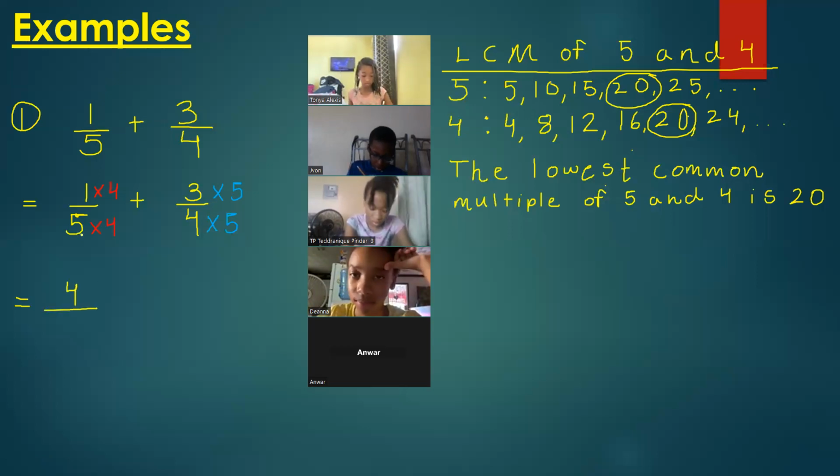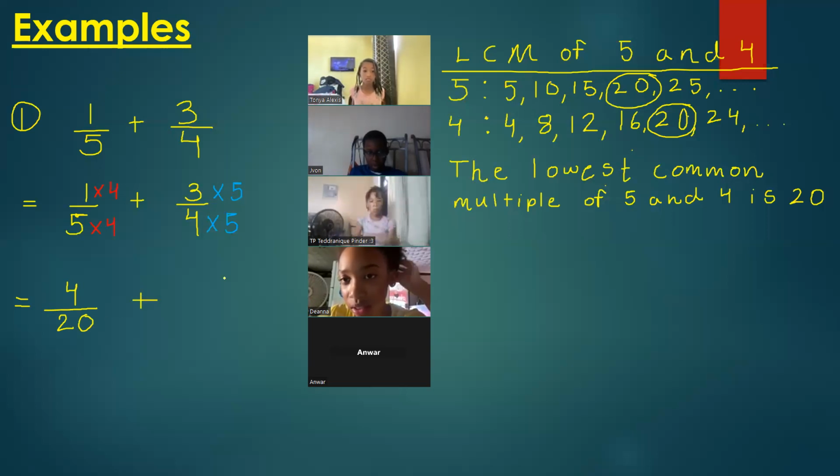And Anwar, what is 5 times 4? 20. Very good. DeAndre, what is 1 times 4? 4. Very good. And what is 5 times 4? 20. Very good.